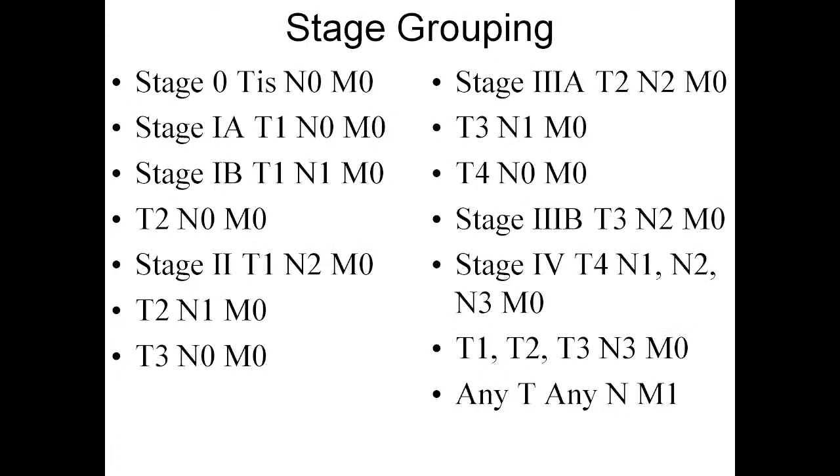And next slide, you can see how to define the stage of this, and you can see on this slide stage grouping. And now I tell you about stage 1, stage 2. In the slide you can see what is stage 1.